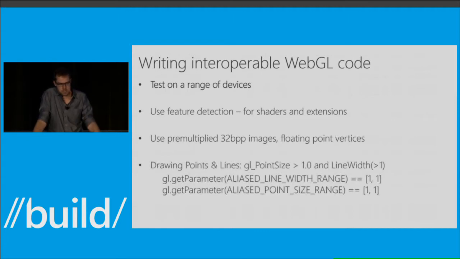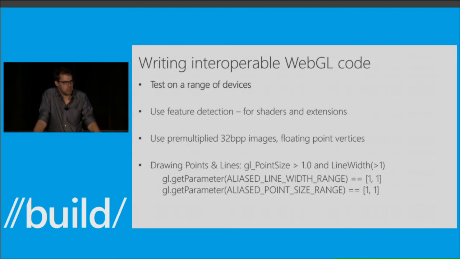Another thing we've seen is that drawing points and lines instead of triangles might lead you to some other issues. There are some devices out there that do not support rendering points or lines more than one pixel wide. You can check that with a get parameter call on your WebGL context, and you get an array back with an upper and lower bound.